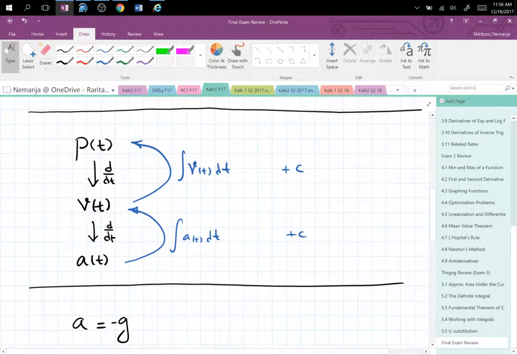Yes? Can you show us the antiderivatives that are related to inverse trig functions? Are we doing inverse trig functions? The only two that pop up are inverse sine and inverse tangent.